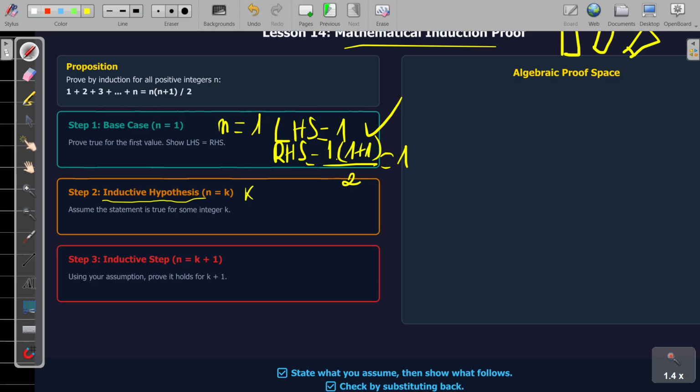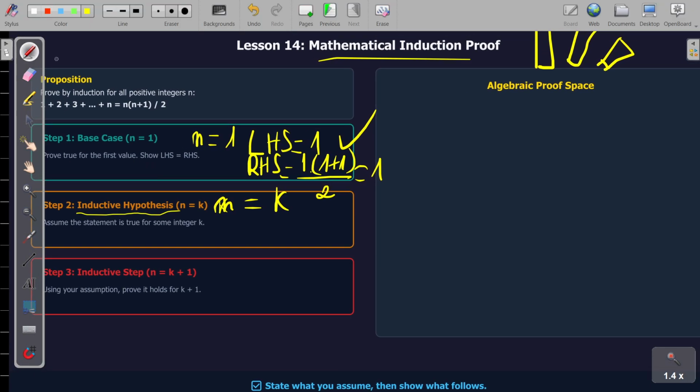Now, for our next one, we have to assume that this is true for n equals k. What we mean by assumption is that we're going to write this in our notes: 1 plus 2 plus 3 plus dot dot dot plus k equals k multiplied by k plus 1, divided by 2.